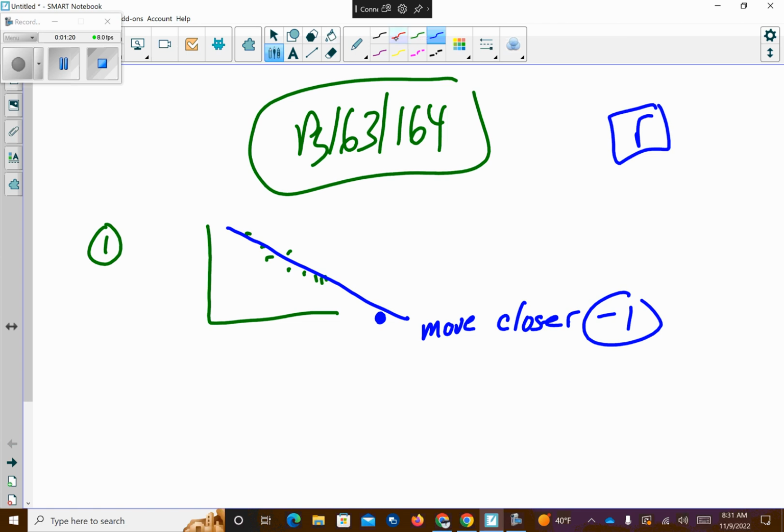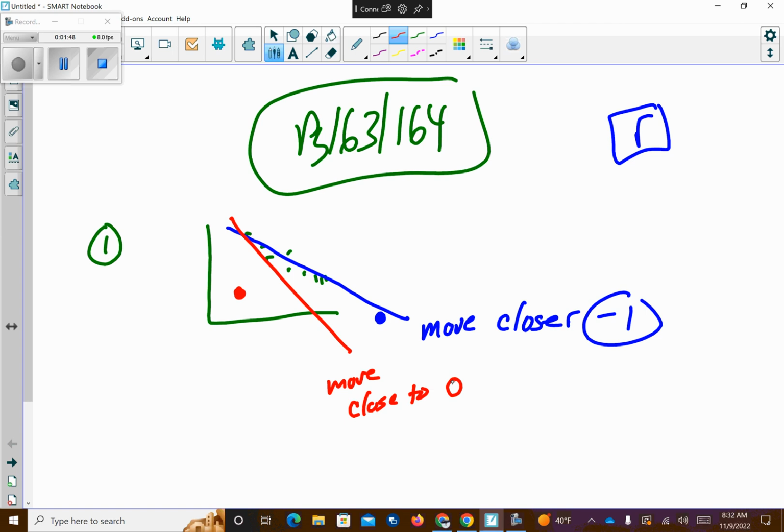Then we also have what would happen if we were at 500 comma 5. What would that red dot do? That's going to make our line of best fit do this, and so this is going to move closer to 0, away from -1.